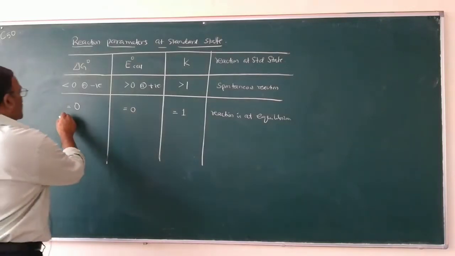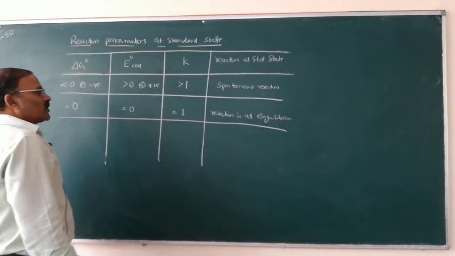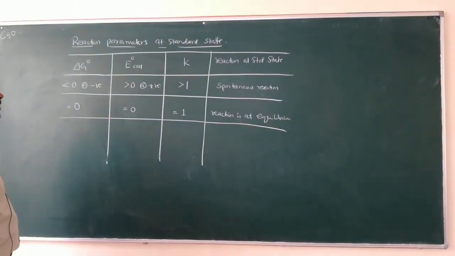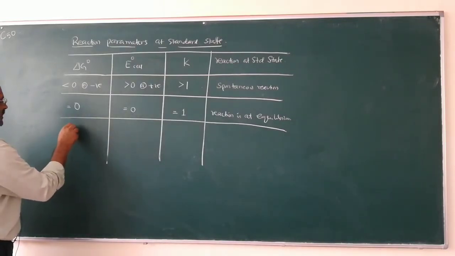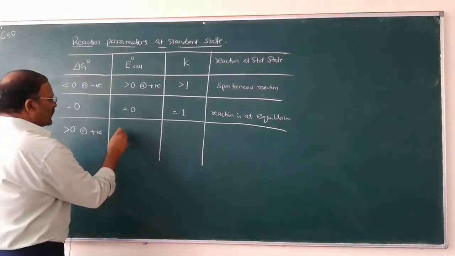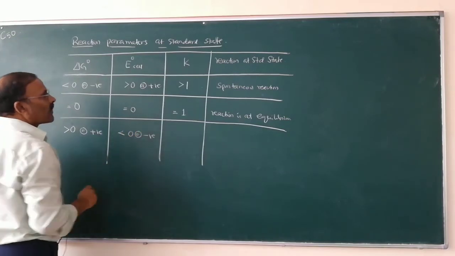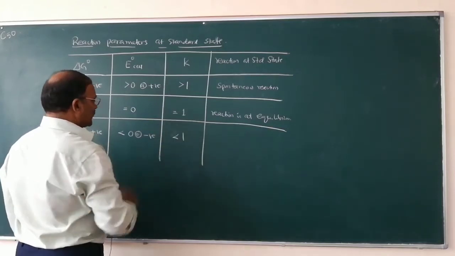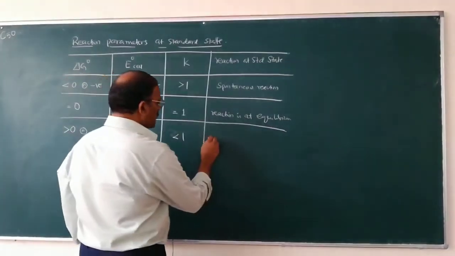So, what is the third condition? If delta G naught equals 0, E naught is equal to 0 and K is equal to 1, the reaction is at equilibrium. On the other hand, if delta G naught is greater than 0 or positive, if E naught is less than 0 or negative, and if K is less than 1, the reaction is non-spontaneous.